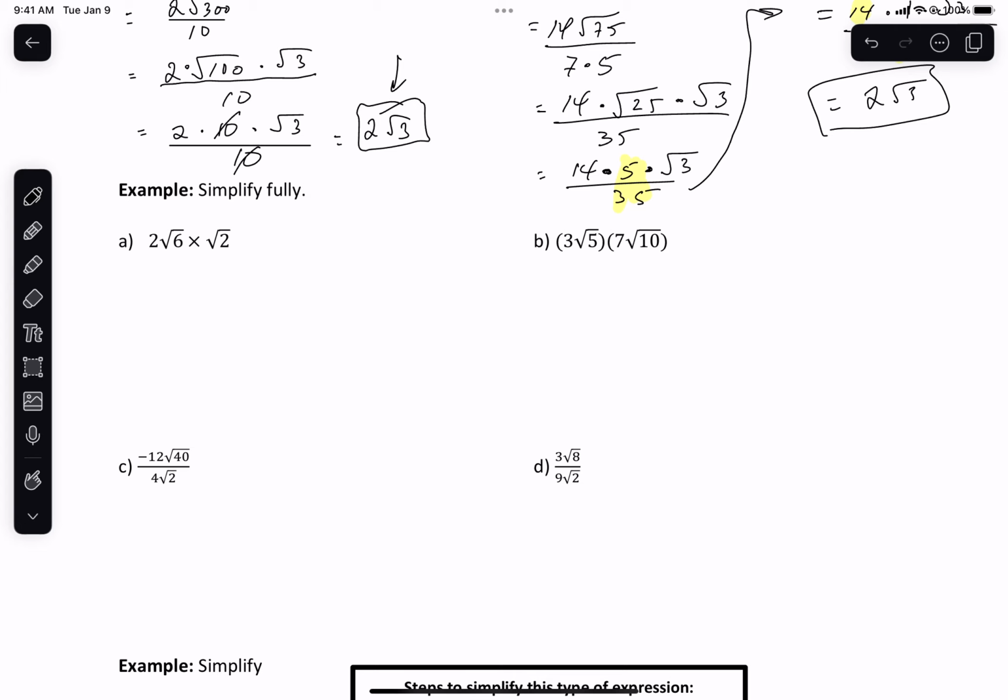2 root 6 multiplied by root 2 is going to go 2 root 12. We've already simplified root 12 today. That's the other thing about this. You're going to start to see common numbers popping up, like root 12. I know root 12 is root 4 times root 3. So again, the more of these questions you do, the more homework you do, the more different numbers you see, you should start playing the recognition game.